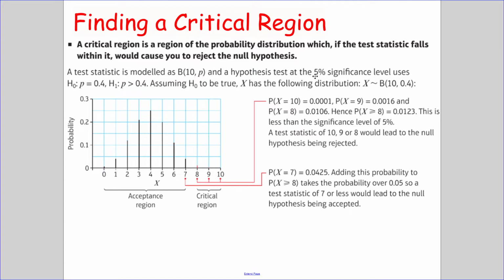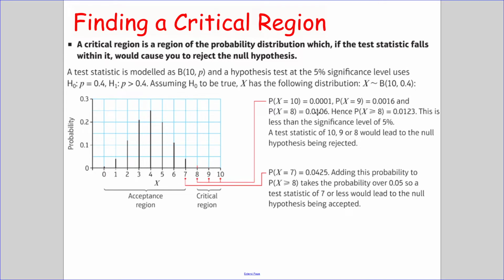So if we're doing a 5% test, this is going to be a one-tail test because it's greater than, and you'll notice as it's greater than we're looking at the greater tail. So what we want to do is look at this area down here and work out where is the 5% of least likely outcomes. So the probability X is 10 is tiny, and 9 is also tiny, and 8 is also tiny.